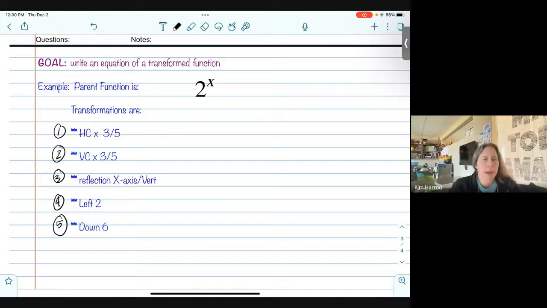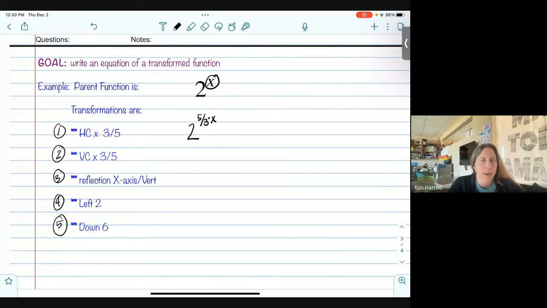Horizontal compression by 3/5, if I'm referring to my notes. Horizontal compression is going to go inside, and this is the one where the reciprocal amount goes in the equation. So inside in an exponential function means it's going to happen up here in the exponent. The 2 itself is just part of the equation. So when I put the reciprocal of 3/5 inside the equation, I have an exponent now of 5/3 x.